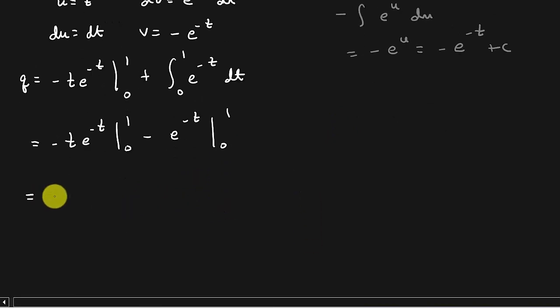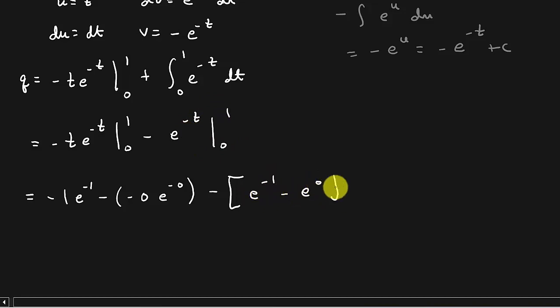And so this is going to give me negative 1 e to the negative 1 minus negative 0 e to the negative 0 minus, okay, so this part is this evaluated, and then minus, and now I need to evaluate this. That's going to be e to the negative 1 minus e to the 0.